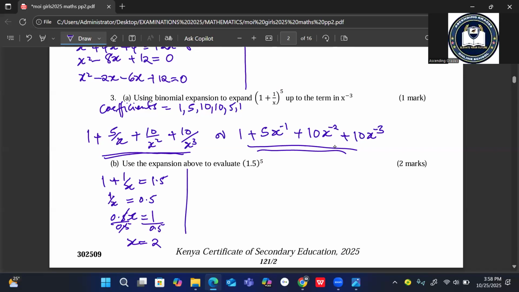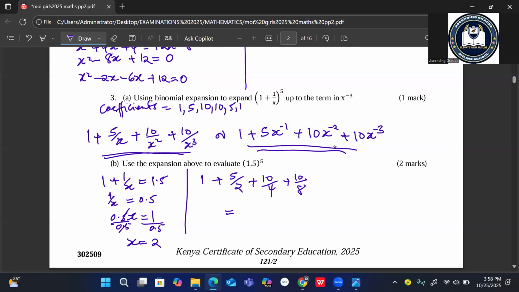Now, using the above, where we have x, we replace it with 2. So we shall have 1 plus 5 over 2, plus 10 over 2 squared, which is 4, plus 10 over x cubed, which is 2 cubed, and it is 8.